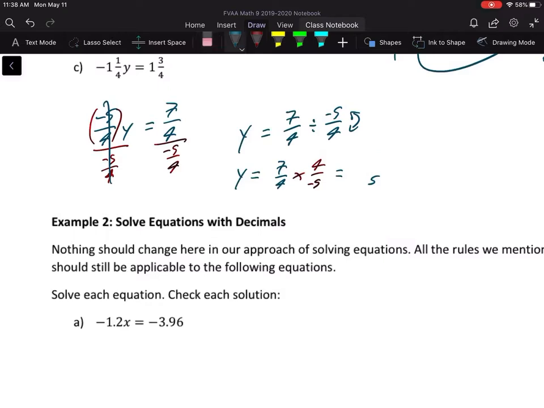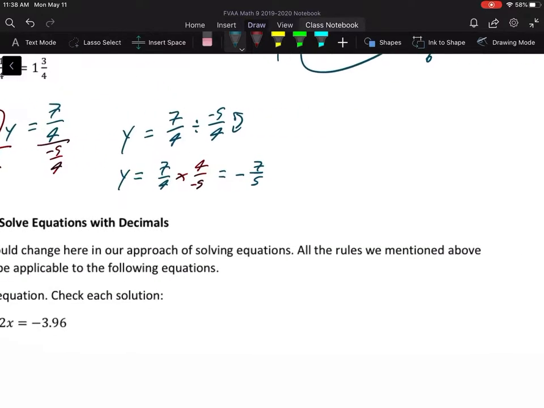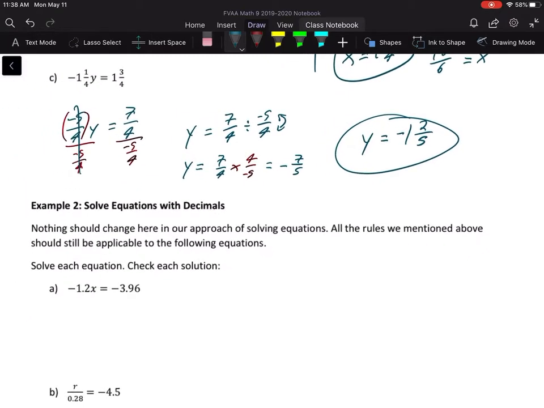Put the negative kind of in the front. Negative 7 over 5. And I can make that a mixed fraction here of negative 1 and 2 over 5. All right, again, go back and review your fractions, mixed fractions, to whole improper fractions in the past here. Those are topics that we've covered.